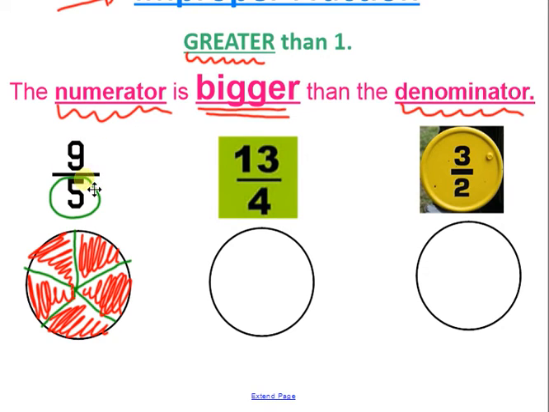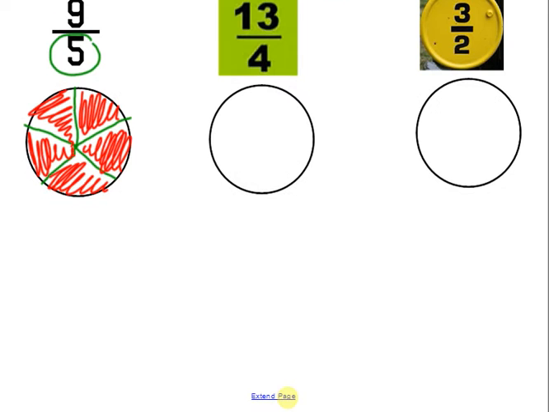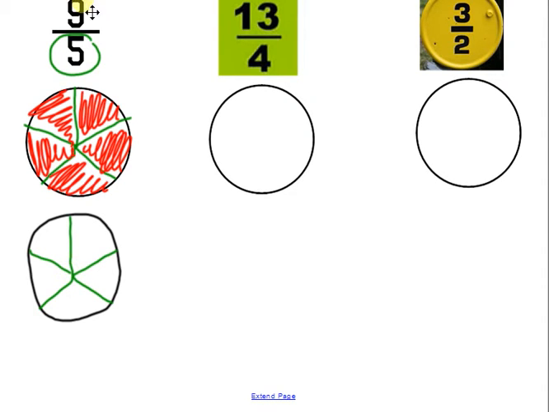Well, I still have 4 more to do. And this is where the greater than 1 comes into play. So I'm going to draw another circle, and I'm going to separate that one into the same denominator. And so remember, I have 9 total parts.